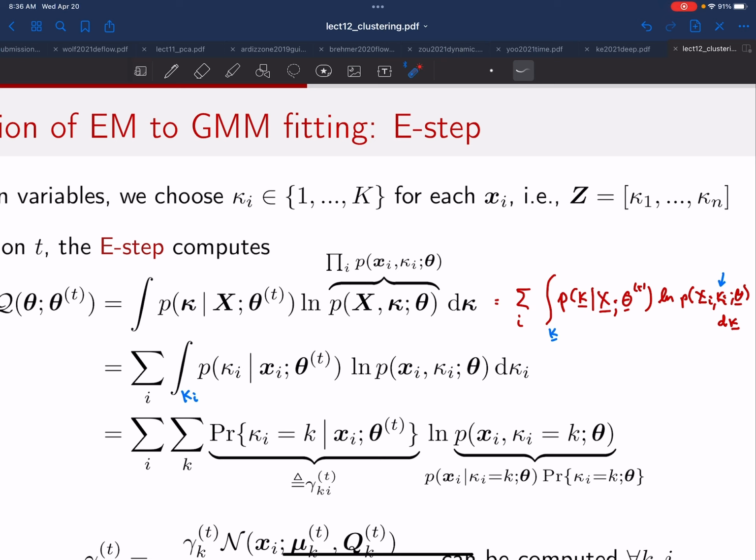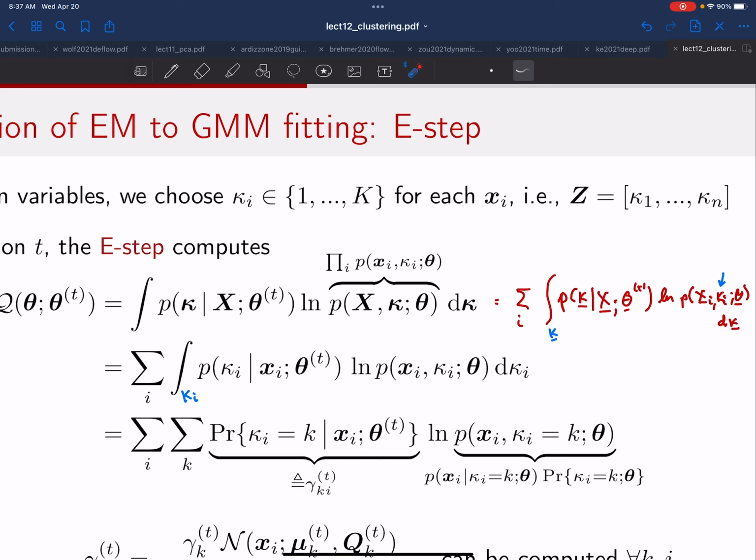Okay, so now we have a much simpler situation where I have a single kappa and a single dimensional integral. In fact, remember that kappa is one of a discrete set, so we really shouldn't be writing this as an integral. We should be writing this as a sum, because there are only finitely many possibilities for kappa i.